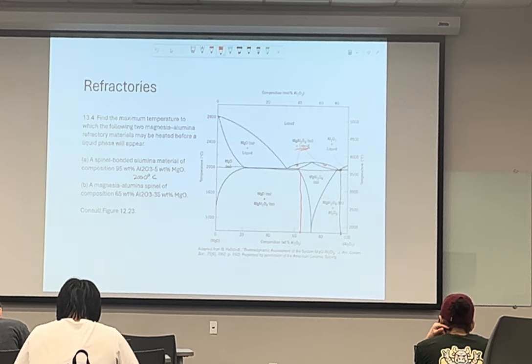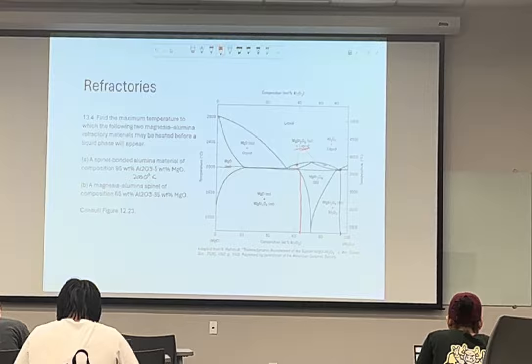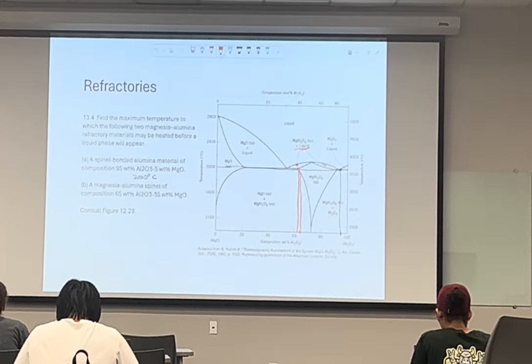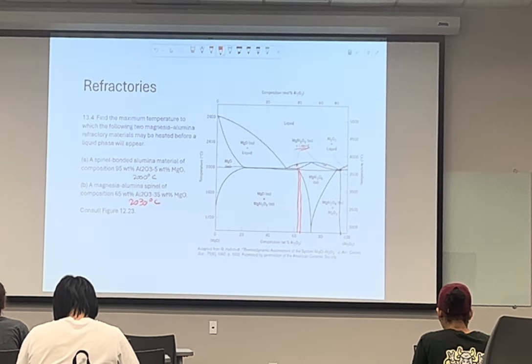And so maybe my 65% is off. Technically with this one, the book is very specific with the value. But if you were to ask anyone else, maybe my line was originally a little bit off, I think they're talking about this point here, or maybe a little higher. But they're saying that temperature should be about 2030 degrees Celsius, which I'm not too sure how they're able to get the extra 30 degrees Celsius in there, but oh, I see, never mind.